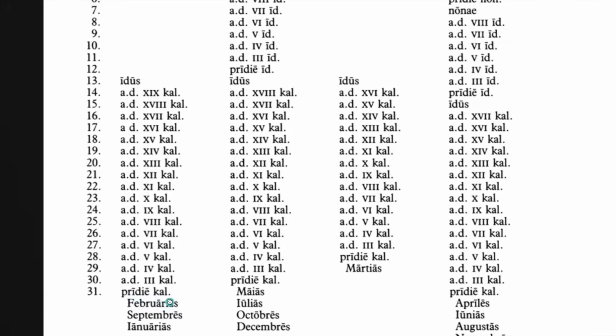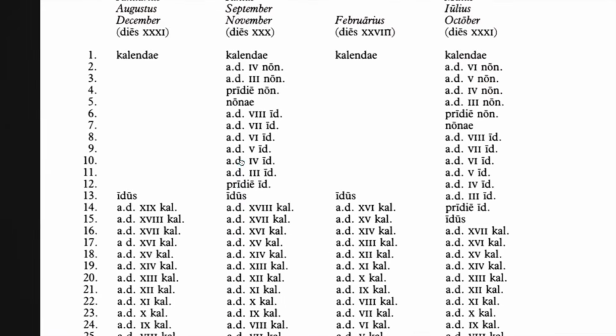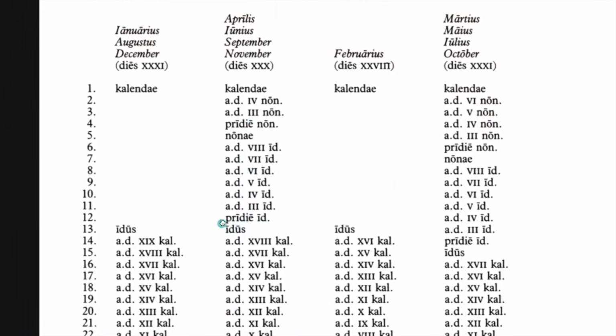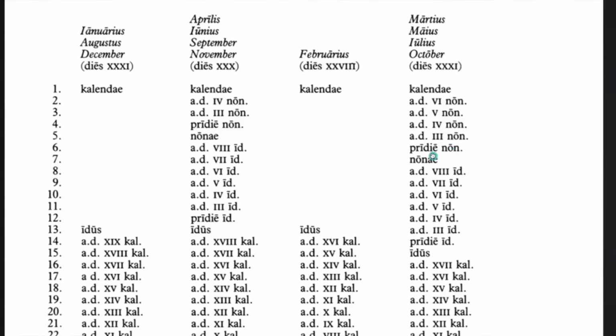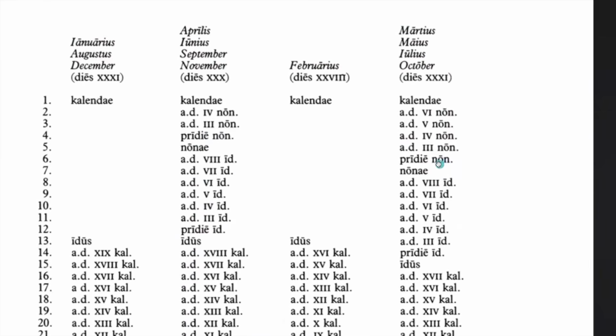So pridie calendas februarias is 31 of January, the last day of January. Pridie idus novembres is the day before the idus of November. Pridie nonas octobres is the day before the nonae of October.